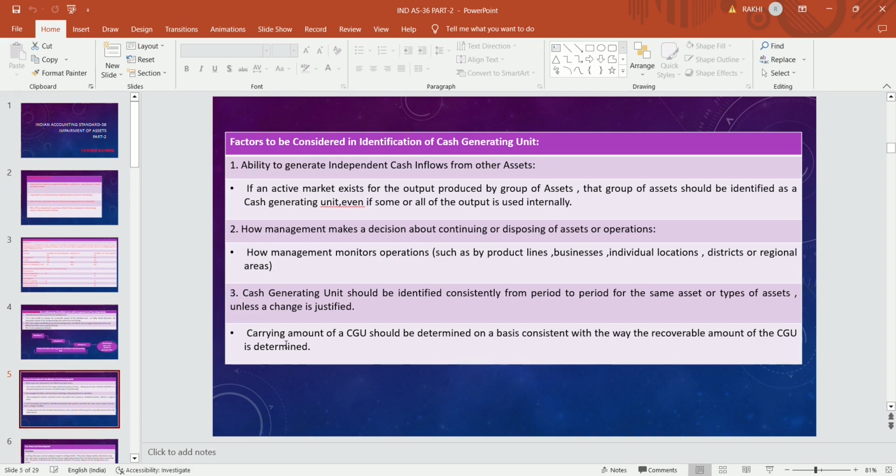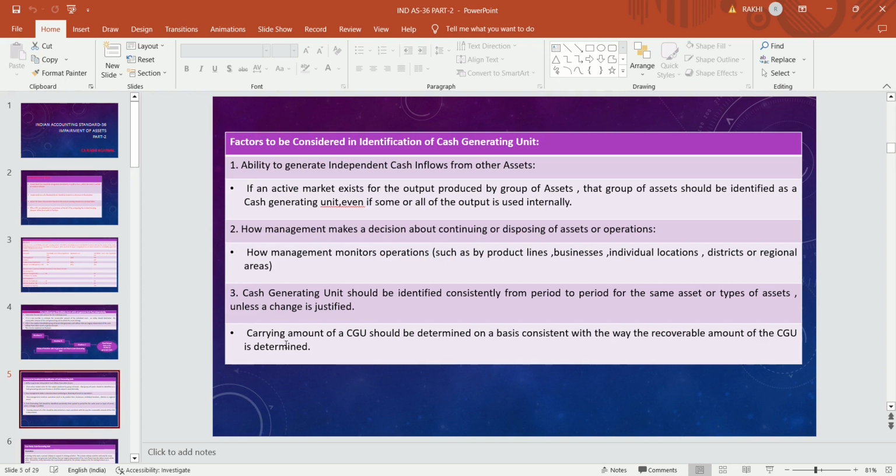Like there are different operations in different areas, like in Asansol there is a factory, in Bhilwara there is a factory, in Delhi there is a factory, in Chandigarh there is a factory. So in different locations they have factories. How they will take decisions to monitor that operation, and also product line wise, whatever different products they generate, how they will take decisions to monitor the operation. In this way, management decision is also important for continuing or disposing of the assets or operations.